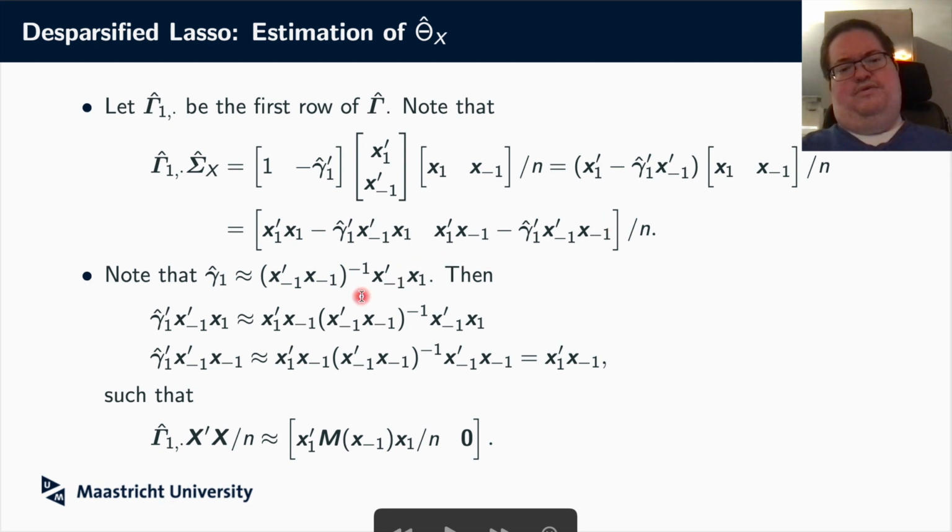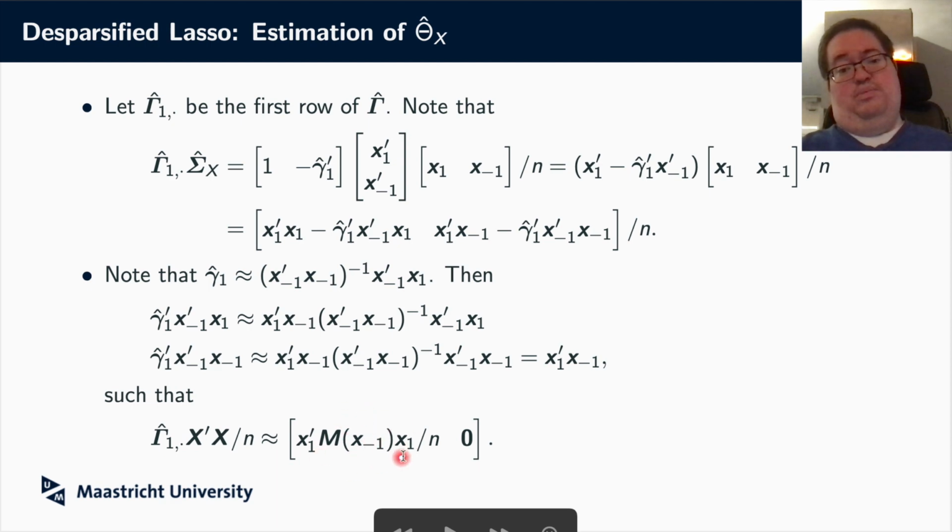Now, to have an idea of why this works, assume that actually you did not do Lasso, but you could do least squares. Well, then you can write out these expressions. And if you do so, what you'll find is that essentially what we're getting here is, in the first entry, the inner product of the residuals of a regression of x1 on all other variables.